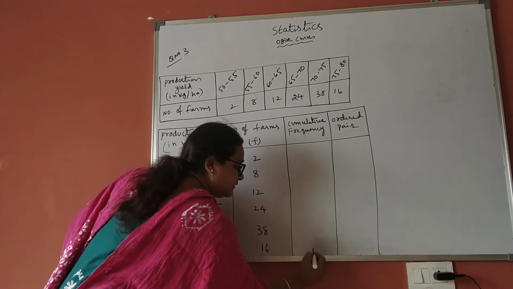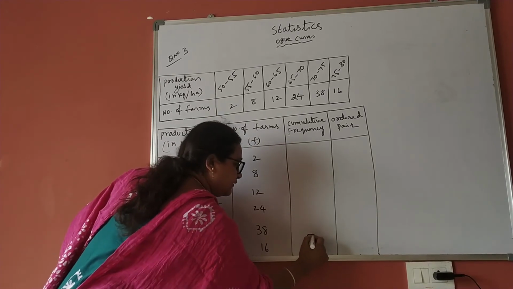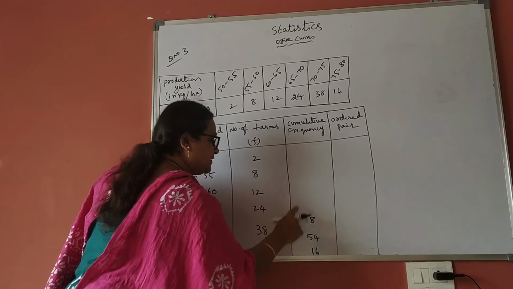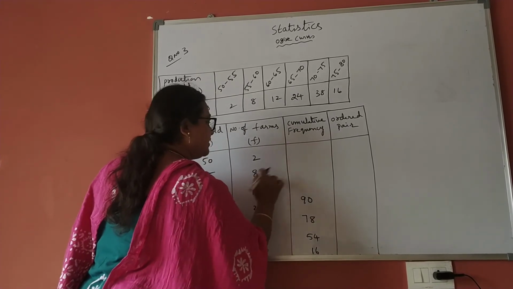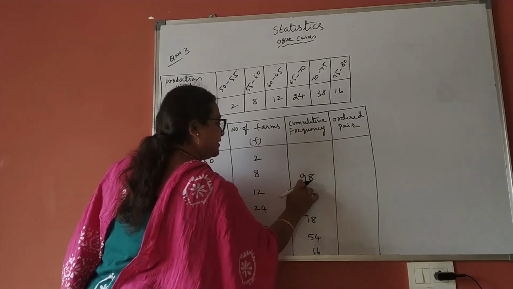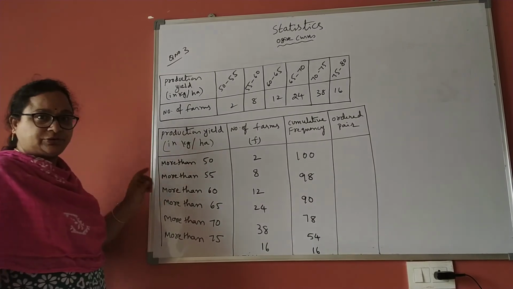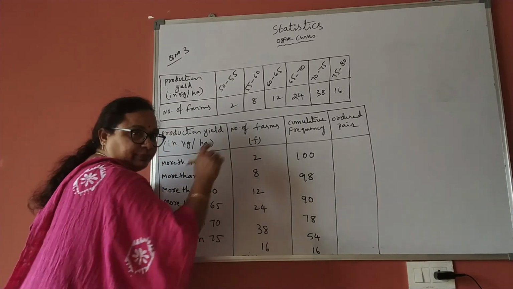So 16 plus 38, 54. 54 plus 24, 78. 78 plus 12, 90. 90 plus 8, 98. 98 plus 2, 100. So cumulative frequency we will calculate from down to up.